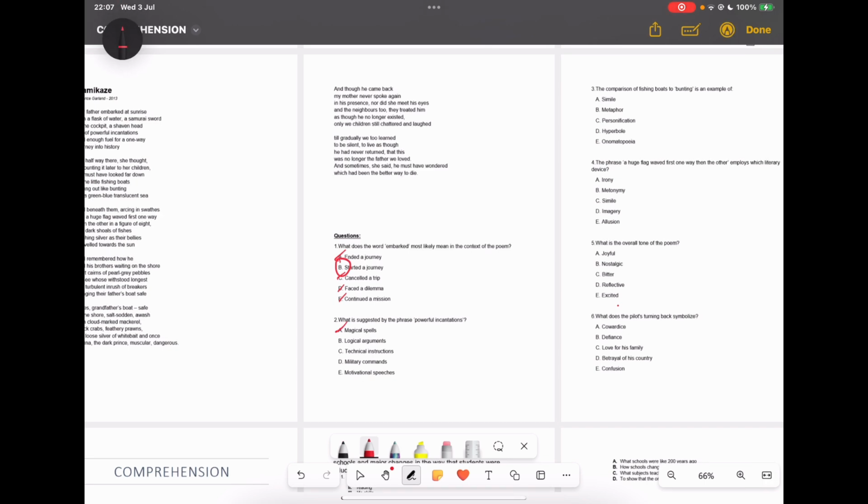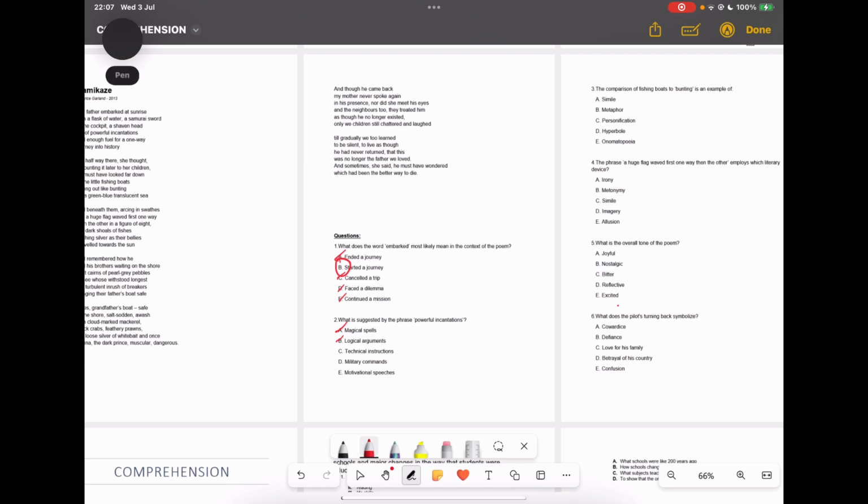But this one's not going to actually be like a magic spell. So it's not A. And then B, logical arguments, no. C, technical instructions, it could be that. Military commands, it could be that too. Motivational speeches, no. Although you could say that that's what he's been told. Actually, yeah.